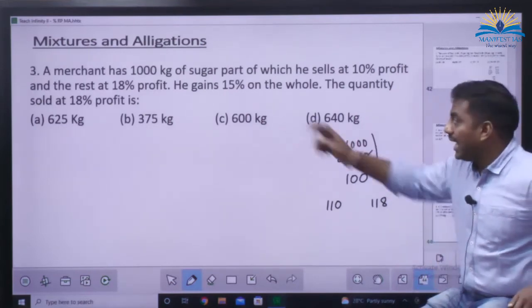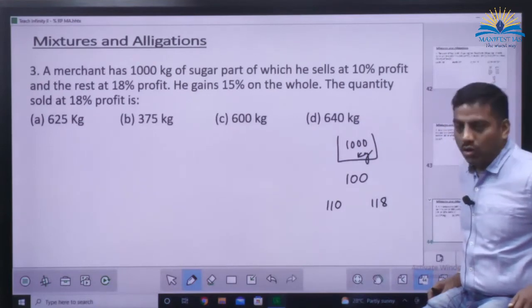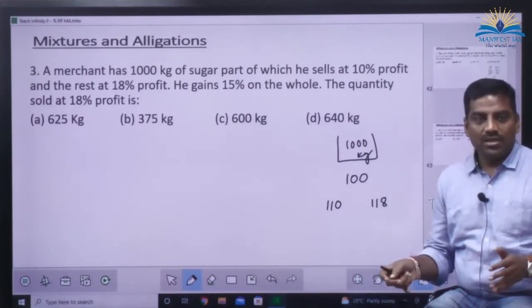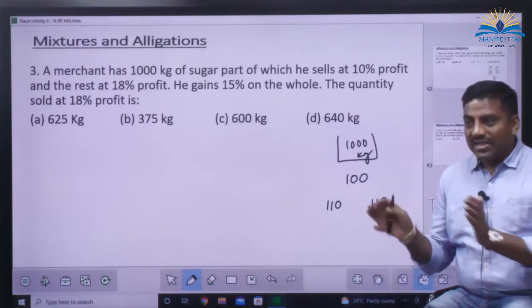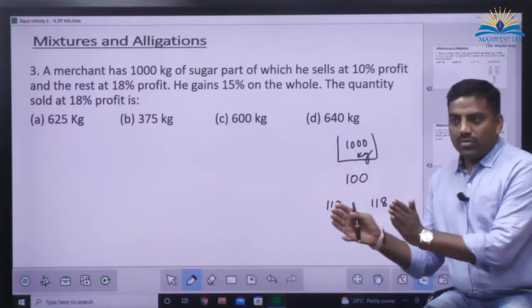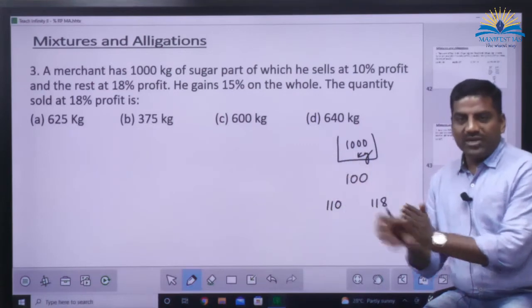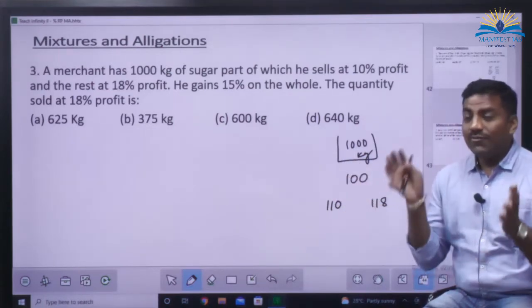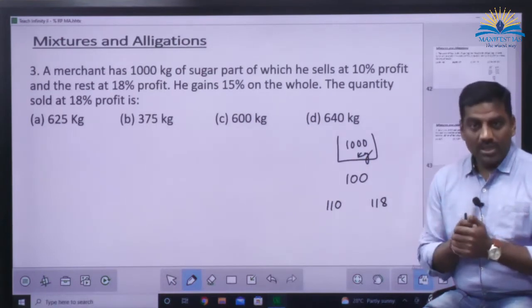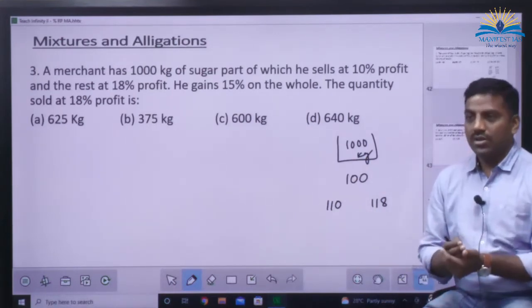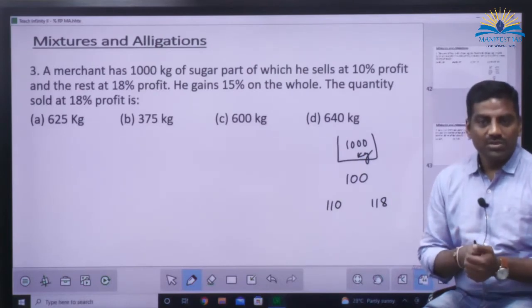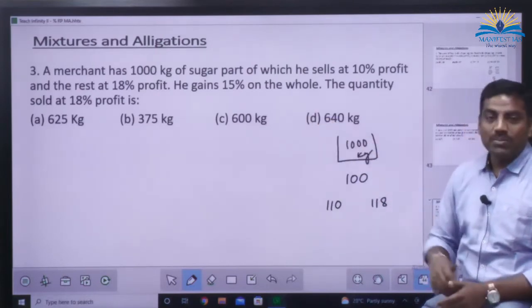Now what they are telling is, overall, on the whole, he gains 15%. What does it mean? Rather than selling at 10% profit and 18% separately for different quantities, if he would have sold the entire lot at 15% profit, it would have been the same, no? Because he is gaining 15% on the whole.